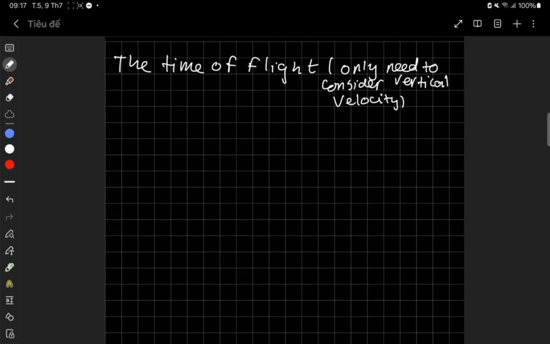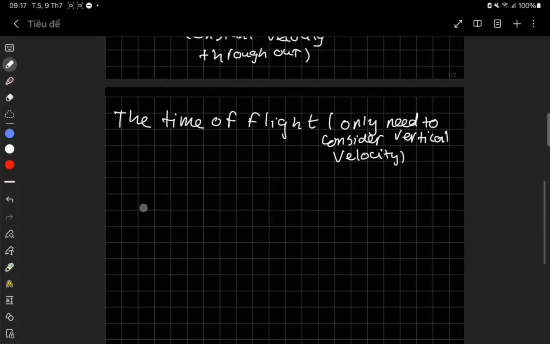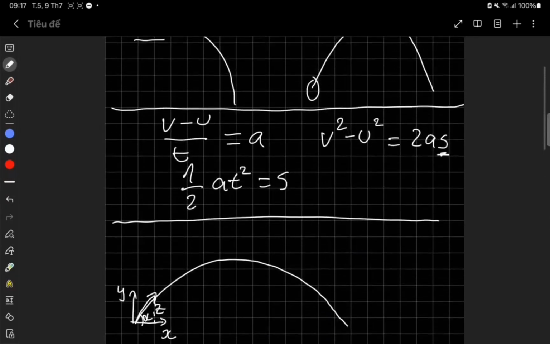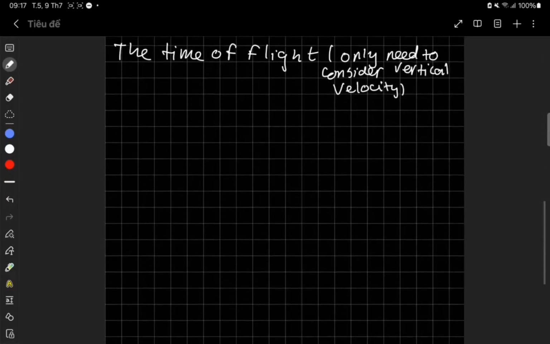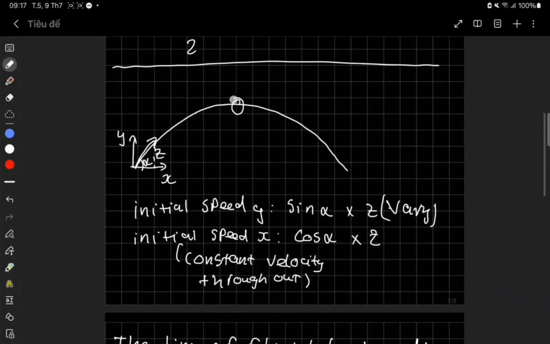Relating it back to these three original formulas, we would use the first one here. The final velocity is 0 as it reaches the maximum height, which is this point.